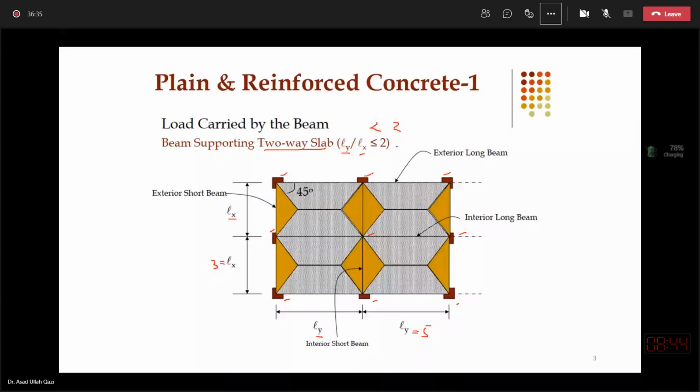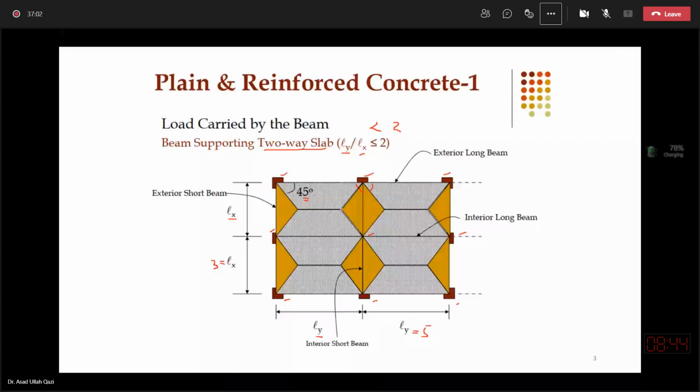For two-way slabs, you will radiate out a line from each corner at an angle of 45 degrees, and where they intersect, you will join them by a straight line.